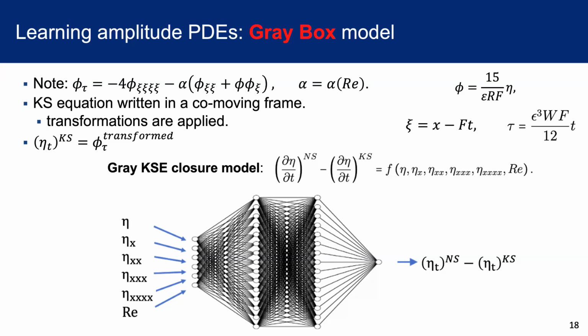Wouldn't you expect the correction to have higher order terms than fourth order? I guess for this small range of Reynolds numbers, maybe if you include the higher Reynolds numbers, then yes.